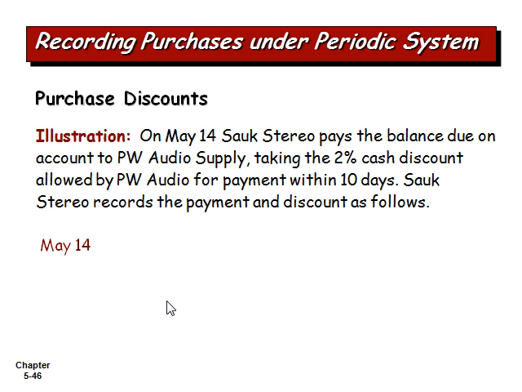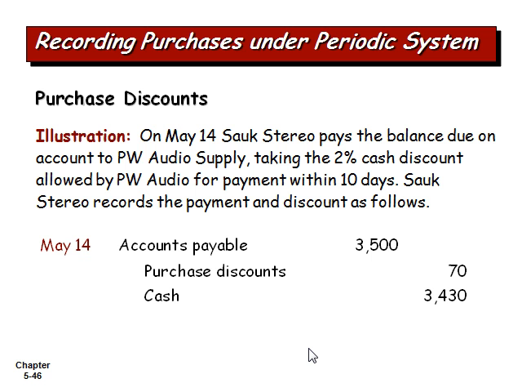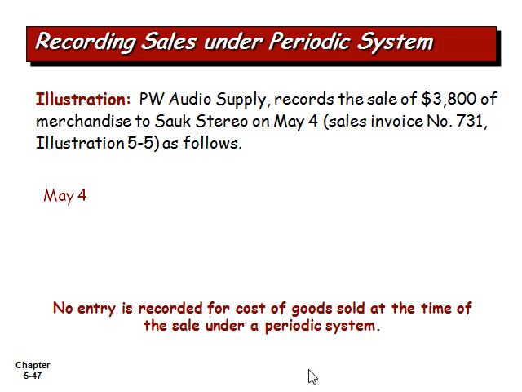Finally, if it takes advantage of that 2% discount, you'll recall that was $70, it makes this entry: debit accounts payable to eliminate the accounts payable, credit purchase discounts for $70, and credit cash for $34.30. PW Auto, on the other hand, records the sale of $3,800 as follows: debit accounts receivable, credit sales.